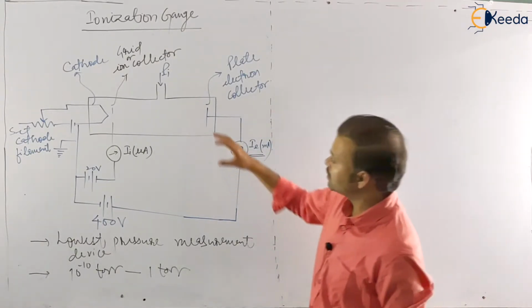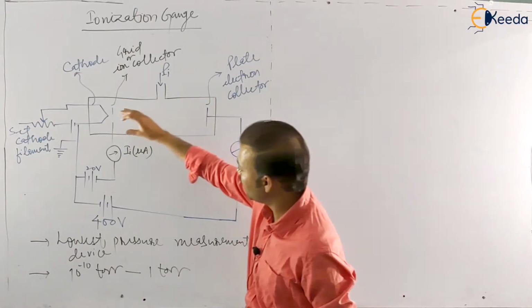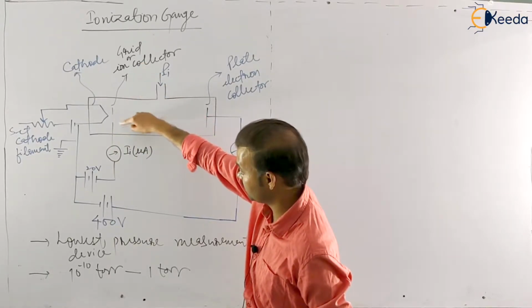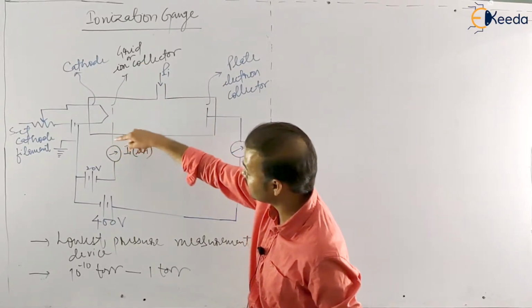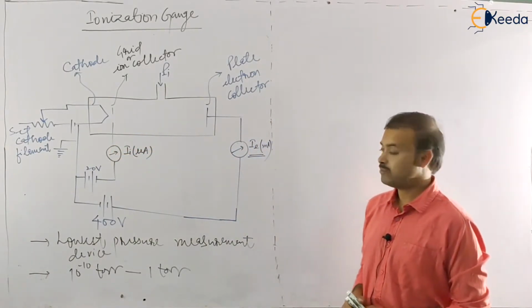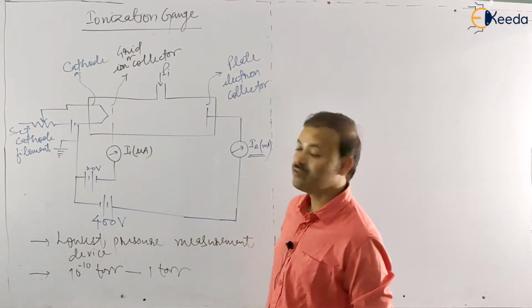Okay, and positive ions will be generated. These positive ions will be collected by the ion collector, this plate, and there will be a change in the II, which is in the range of microampere.